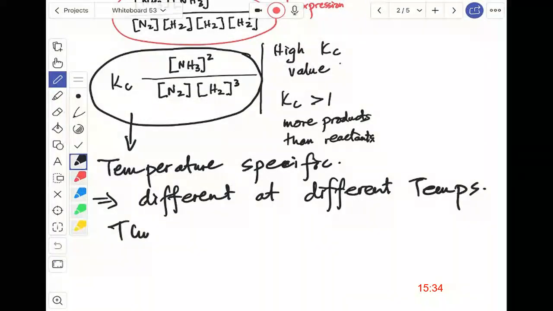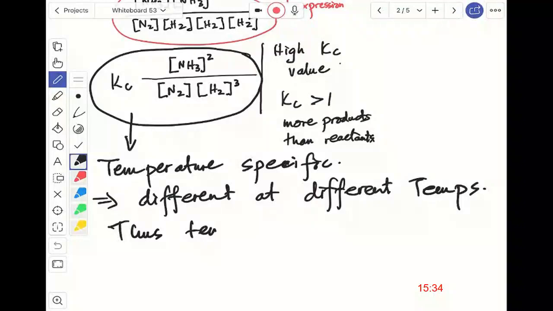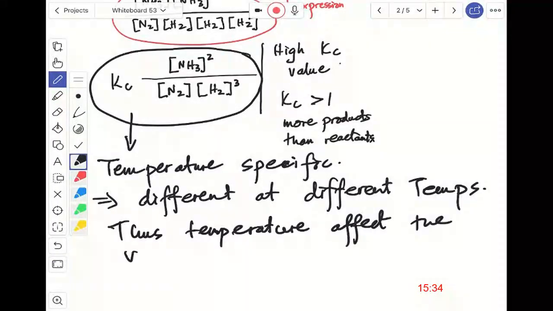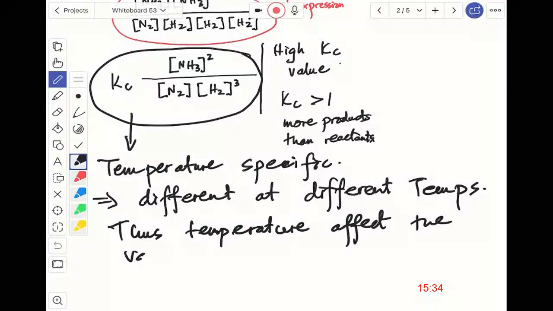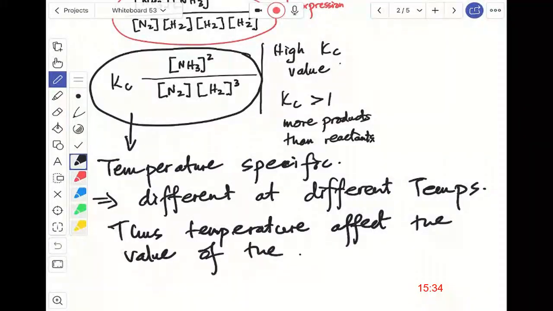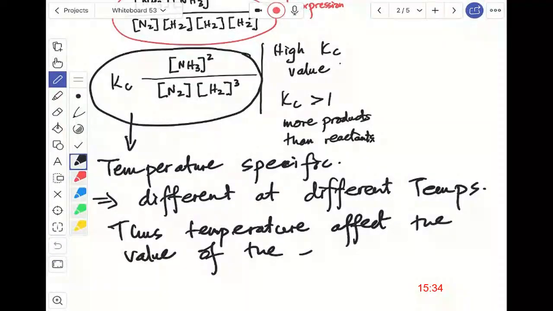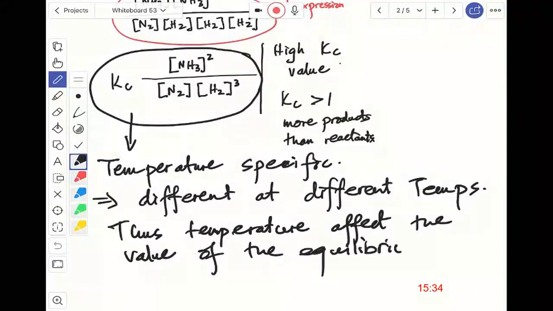Thus, temperature, I'm saying this in as many ways as possible, affects the value of the equilibrium constant.